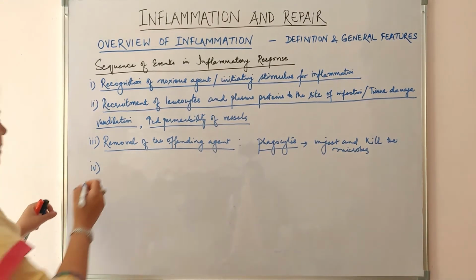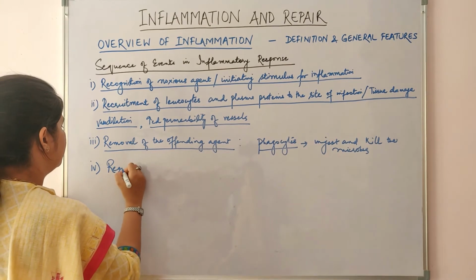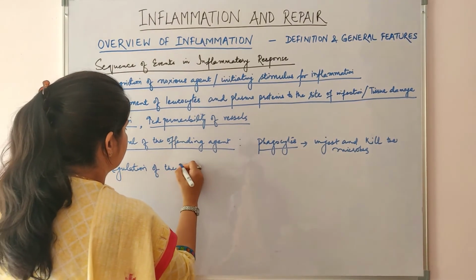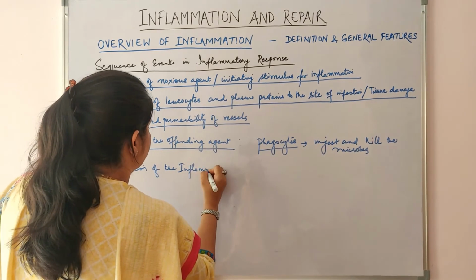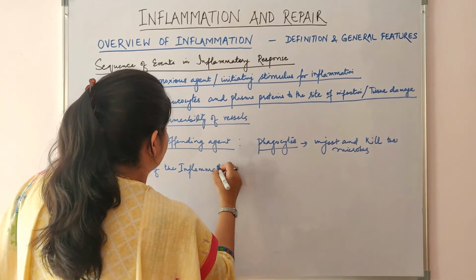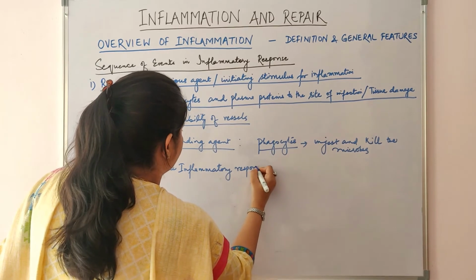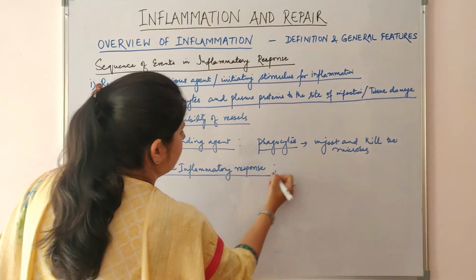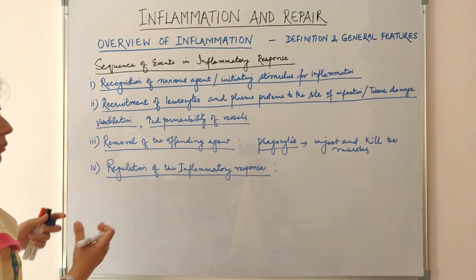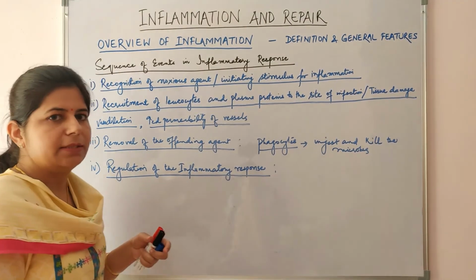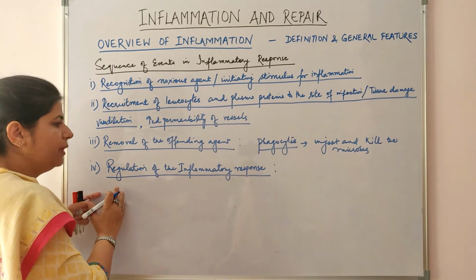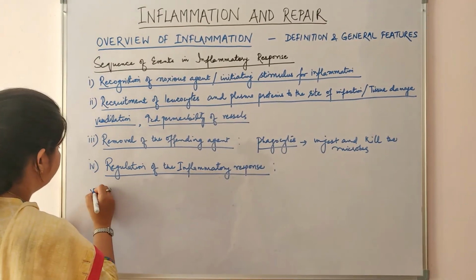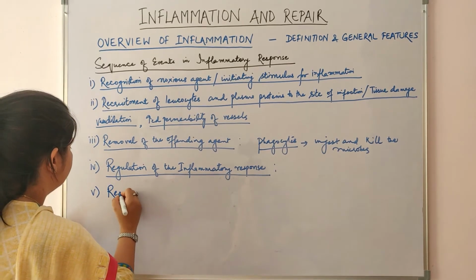Now fourth is the regulation of the inflammatory response. Once the goal of inflammation is accomplished and the offending agent is removed, then the inflammatory response should stop. Fifth one is repair.